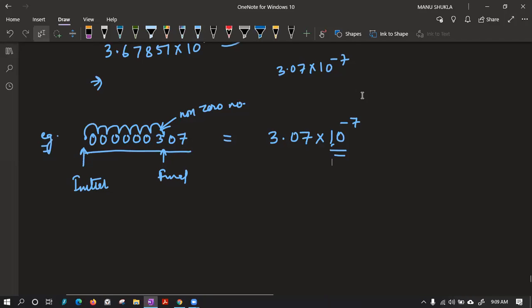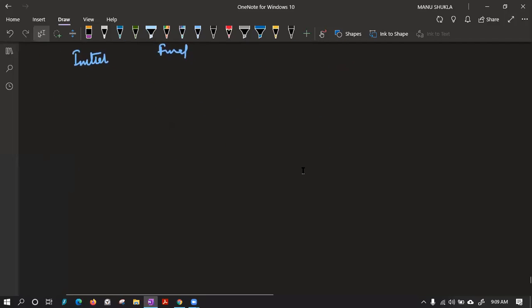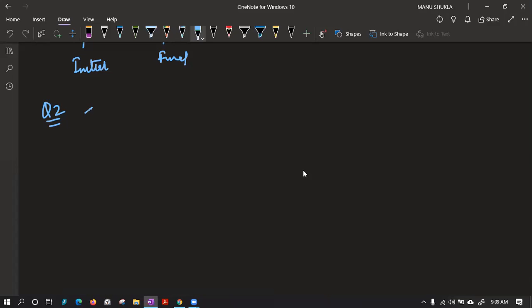Okay, now if you see exercise 12.2, question number 1 is very easy. You can easily solve it. Question number 2, let me solve one part of it for you. In this we have to express in usual form. Given to us is the standard form, and they want us to find the usual form.